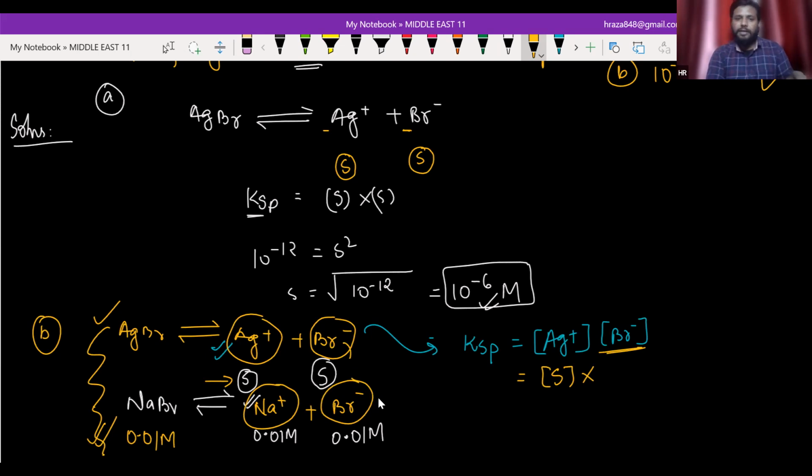It doesn't mean that these Br will be separate. Both Br are in the same solution. That means the concentration of Br minus will increase: this has a solubility or concentration S, and this has a concentration 0.01. So the new concentration of Br minus will be S plus 0.01. Is that clear, Saif?